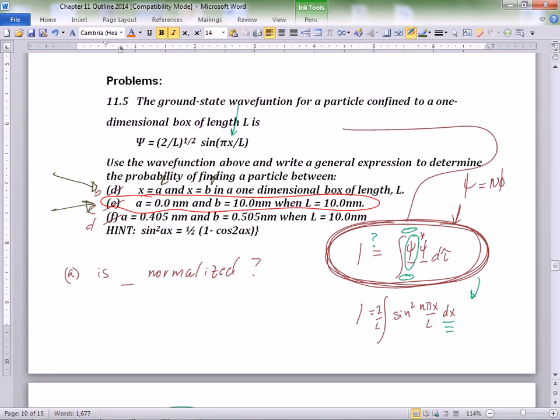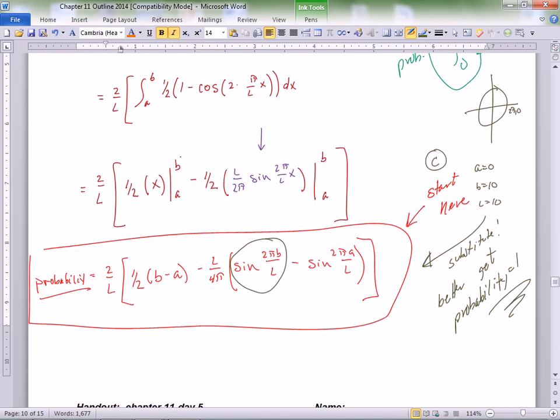And make sure the sine is in what format? Radians. It'll work. Now, why is it in radians again? Well, it's in radians pretty much because you're dealing with decimal numeric values.